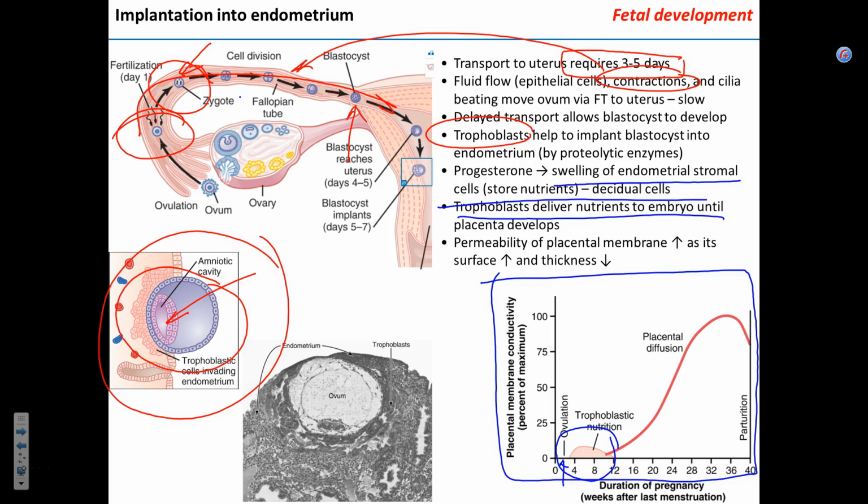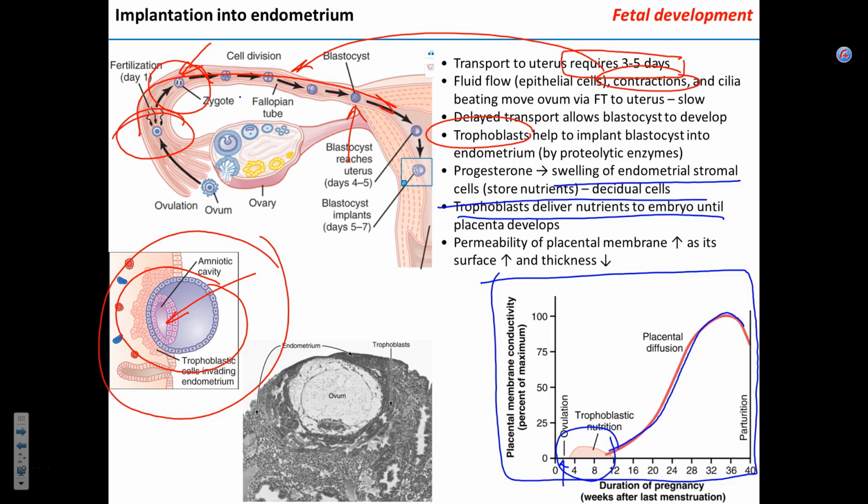Only at about 12 weeks, placenta starts to develop. And at the time when placenta develops, it takes over the nutrient transport completely. You see how fast the diffusion across placenta increases during the embryonic and fetal development. Okay?